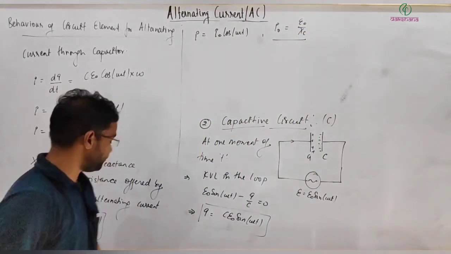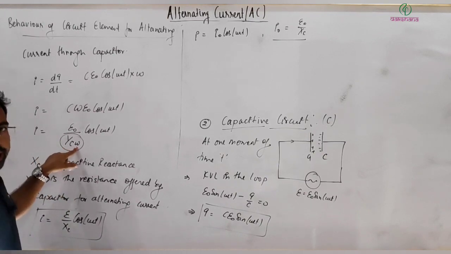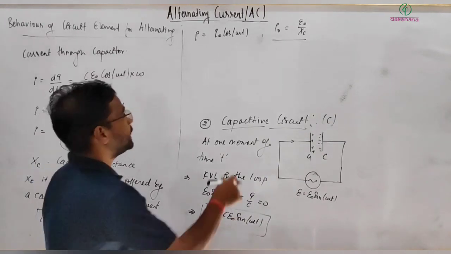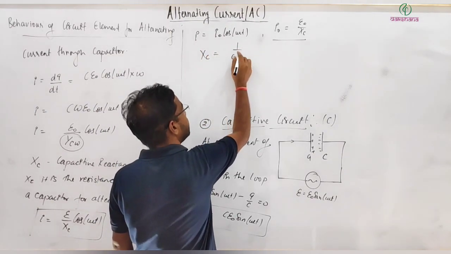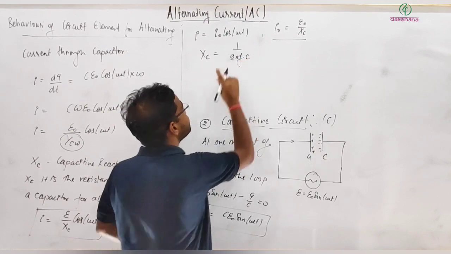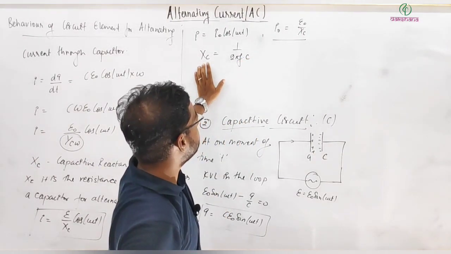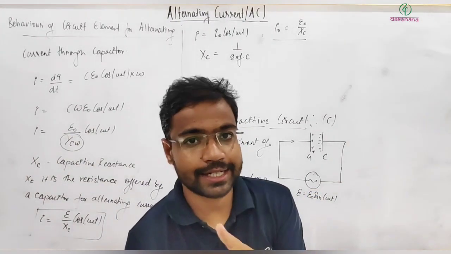And see here, XC is 1 by C omega, and omega can be written as 2 pi f, so XC is 1 by 2 pi f C. So if XC is higher, it means higher resistance, correct?